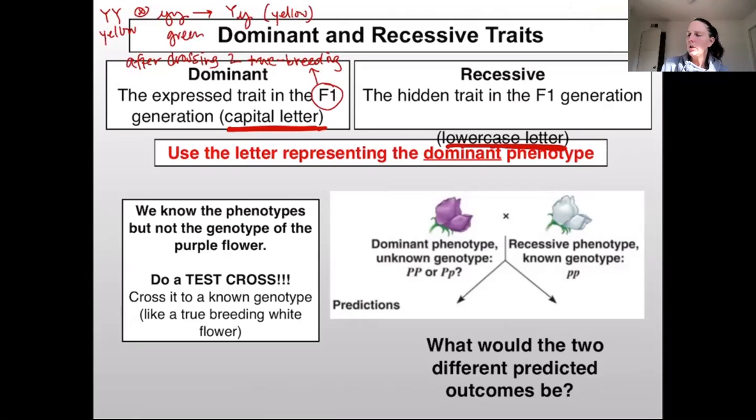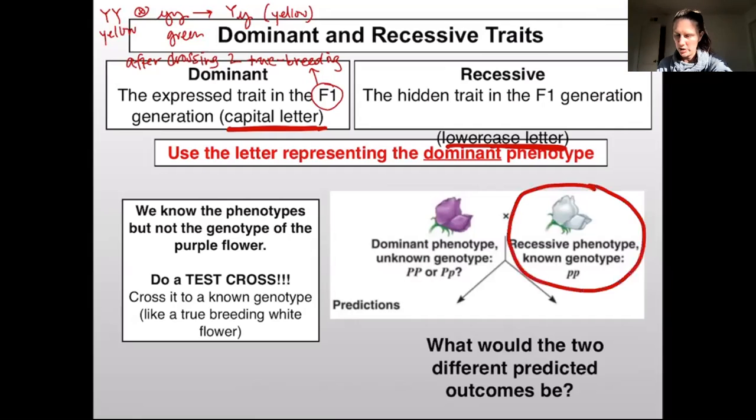All right. So if you look at a plant, in this case a pea plant flower color, we know the phenotypes just by looking at them. We know whether it's purple or white or green or yellow. But we don't necessarily know the genotype always. For the white plants, we always know the genotype, because it's the recessive one.